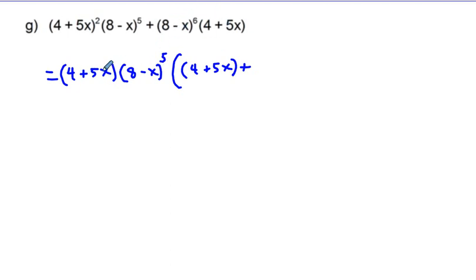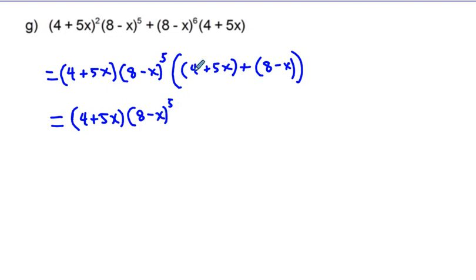Well, already we have 4 plus 5x, so that doesn't count. And so we want to multiply this 8 minus x to the 5th power by something to get 8 minus x to the 6th power. Well, that's going to be 8 minus x. And so we just simplify inside here. I'm just going to rewrite here: 4 plus 5x times quantity 8 minus x to the 5th power.